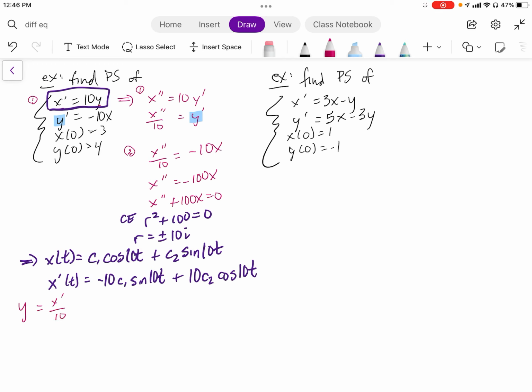So dividing that by 10, we would just have negative c1 sine 10t plus c2 cosine 10t. All right, there's our general solution. We have both x and y, but now we need to use these initial conditions. X of 0 equals 3 and y of 0 equals 4.